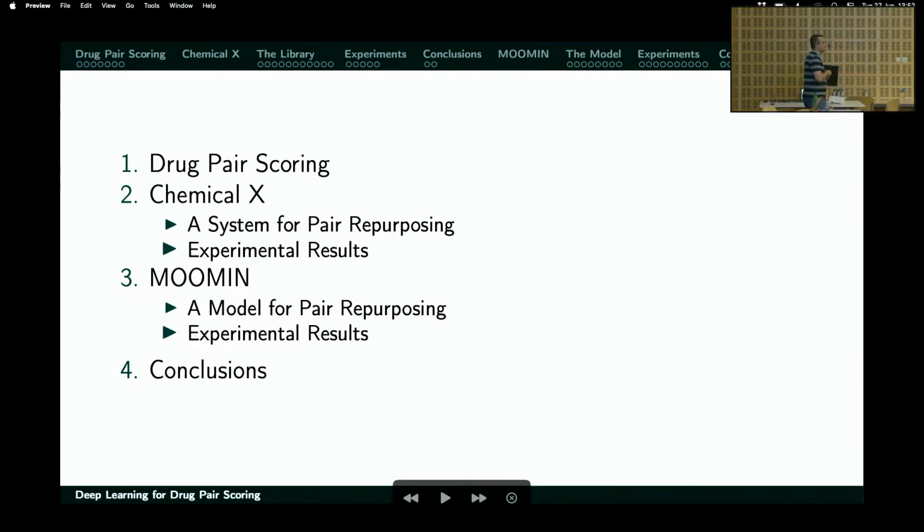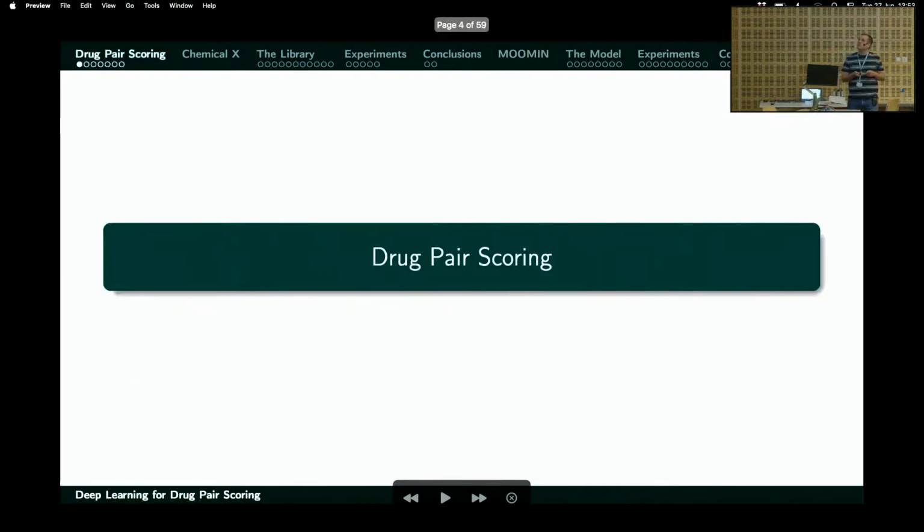And then I will speak about this model that we call Mumin. It's a tool to do repurposing and also to generate hypotheses of what are drivers of cancer progression. And then we will have some experimental results for that and then some conclusions.